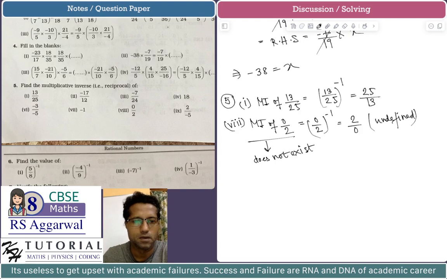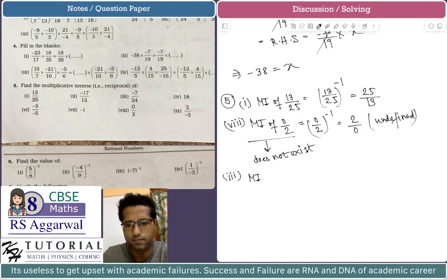Okay, let's do 3. These are pretty simple. I hope it will be super easy for you to find the multiplicative inverse of any rational number.